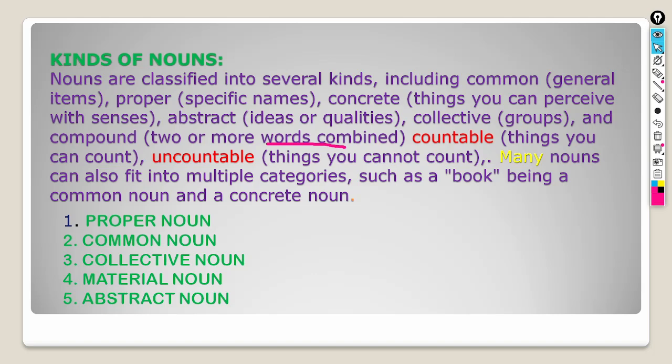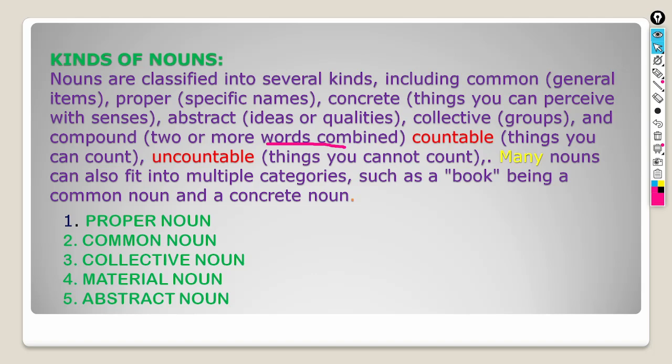Second category is on the basis of the features or the quality, they are classified into different kinds like the proper noun, common noun, collective noun, material noun, and abstract noun.